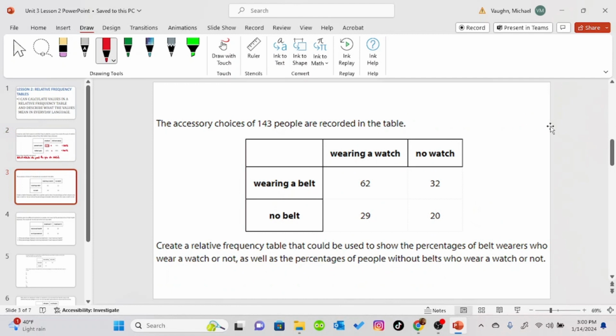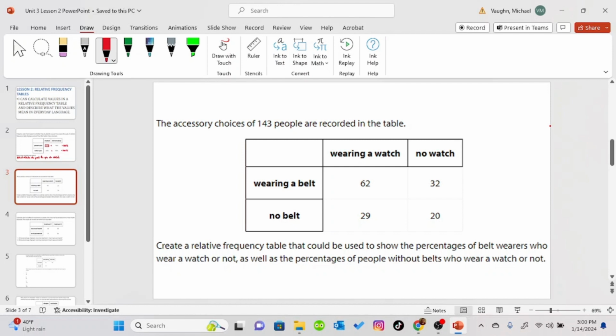The accessory choices of 143 people are recorded in the table. Create a relative frequency table that could be used to show the percentage of belt wearers who wear a watch or not, as well as the percentage of people without belts who wear a watch or not.